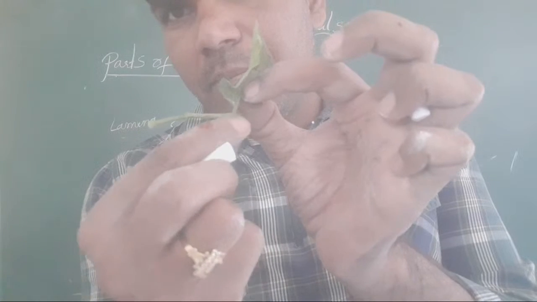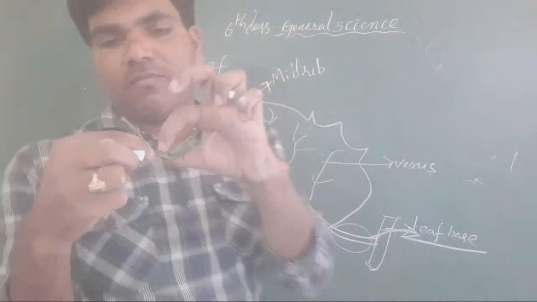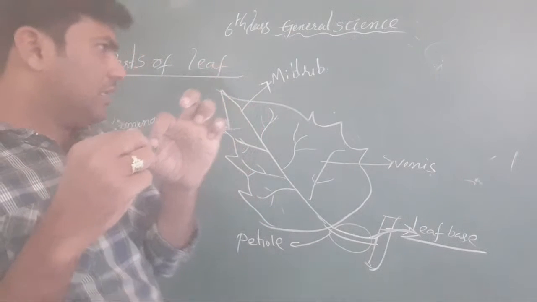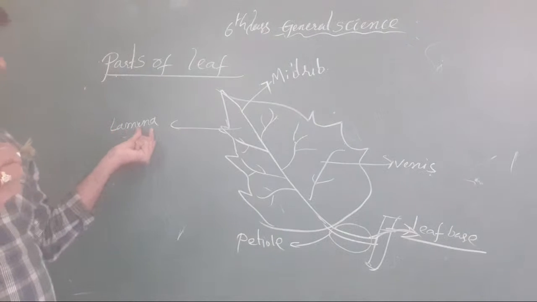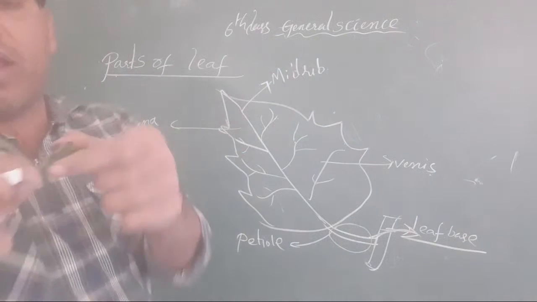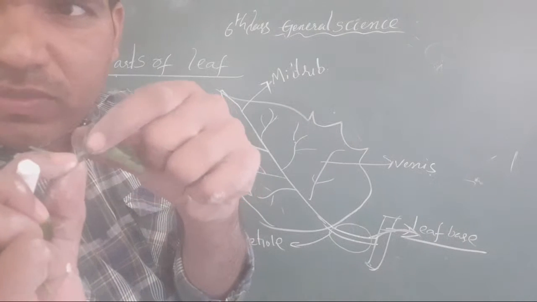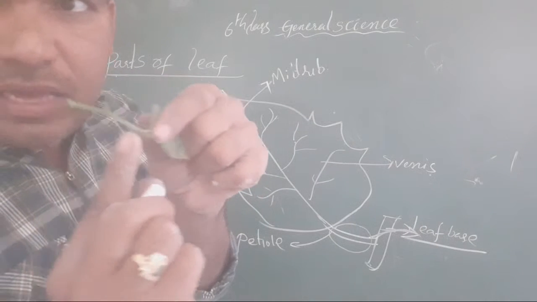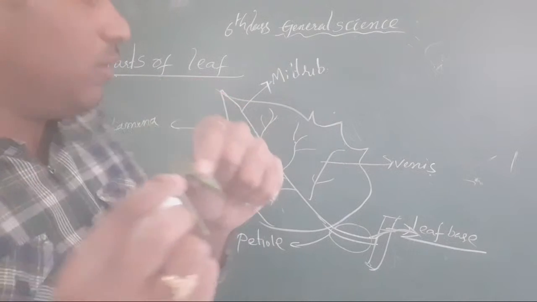This is the stem. This part is called the base of the leaf. From the leaf base to the lamina, the lamina starts after some distance from the stem. The gap between the stem and the lamina is called what actually?